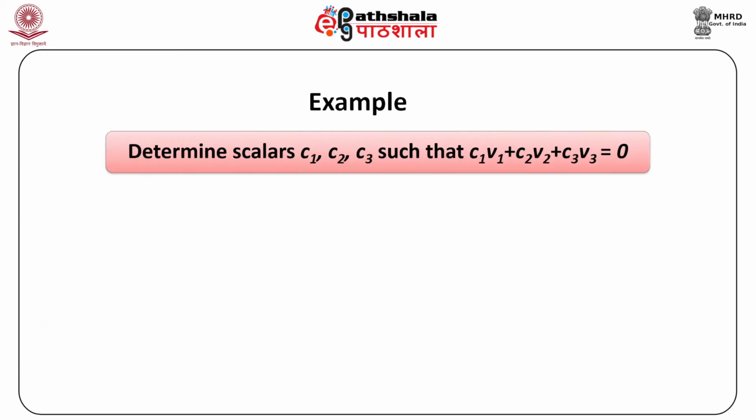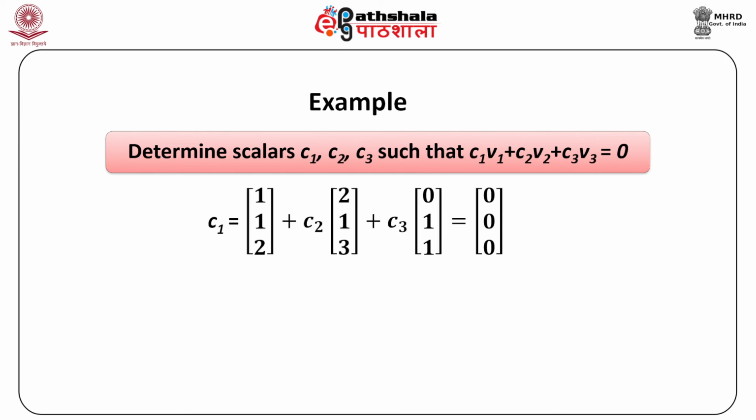Equivalently, using the mathematical definition given in 1, we need to determine scalars c1, c2, c3 such that c1 v1 plus c2 v2 plus c3 v3 is equal to 0. That is, c1 (1, 1, 2) plus c2 (2, 1, 3) plus c3 (0, 1, 1) is equal to (0, 0, 0).